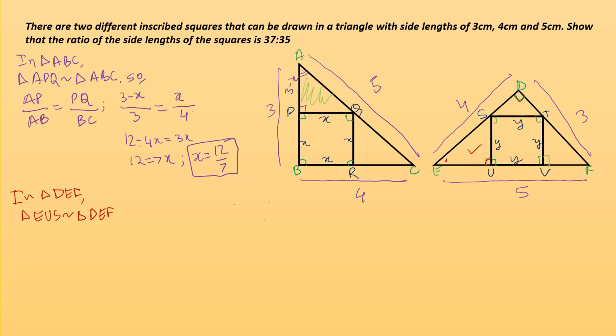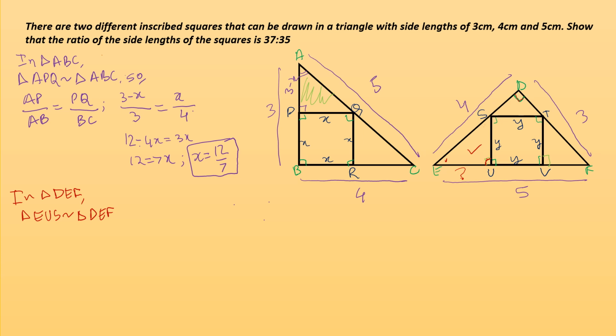So what we are going to write here is the proportionality of the sides, so we have to include y. Now see, we don't really know what EU is, because we know that UV is y, we know that EF is 5, but we don't know what EU is.